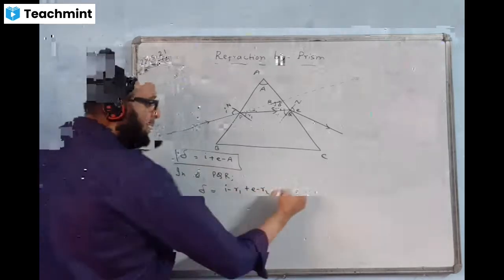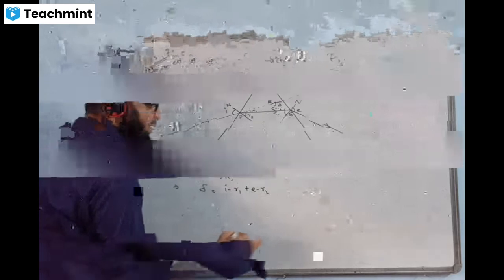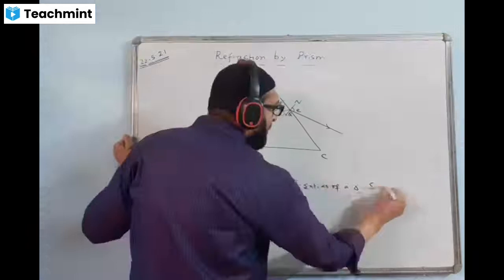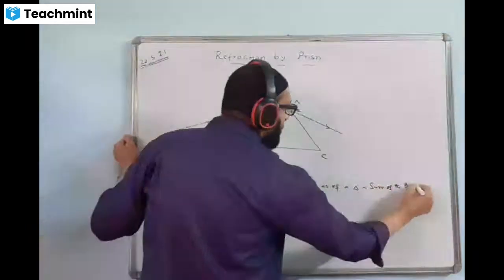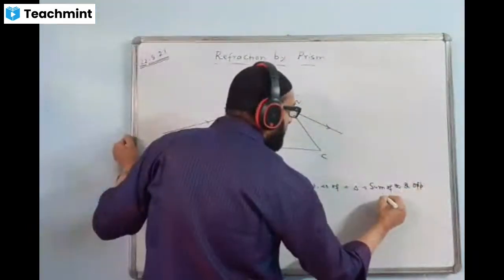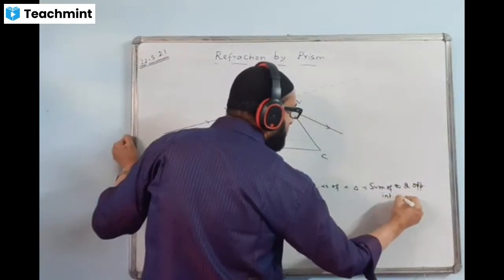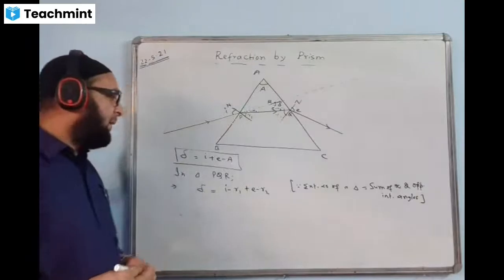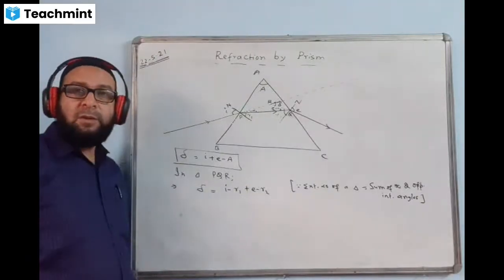You can make a note: since the exterior angle of a triangle is equal to the sum of the two opposite interior angles, this is the reason for this statement.